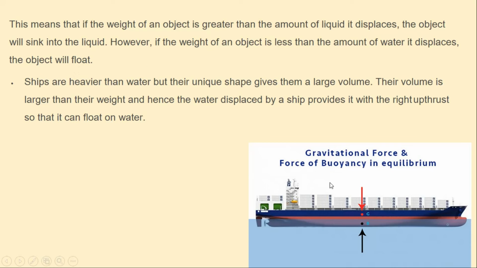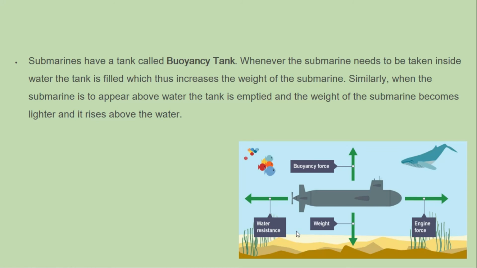Ships are generally heavier than water, but a ship has a unique shape, so its volume is larger. Hence, the water displaced by the ship provides an upthrust, and because of this upthrust, the ship floats.